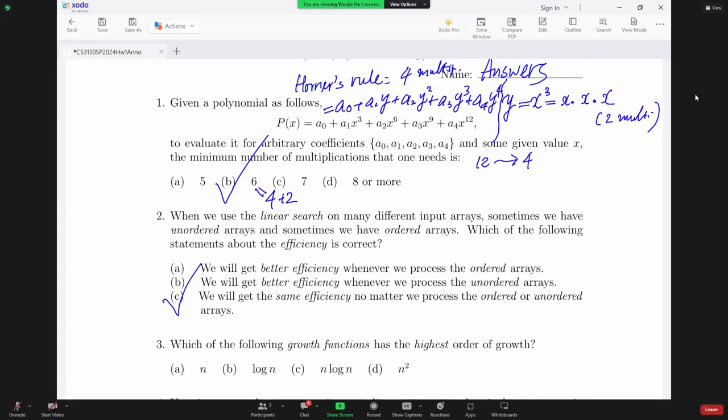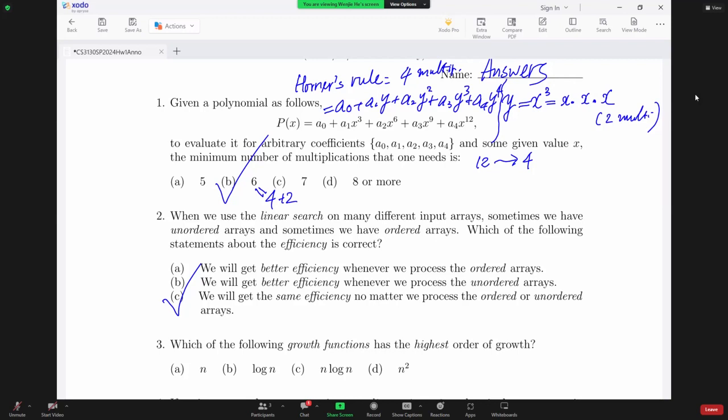It takes a lot of time, and it may not be worth it. So you don't want to spend time on detection. Usually not worth it. If you do not do detection, then the computer does not know if it's ordered or unordered. Then what's the difference? No difference, ordered or unordered.